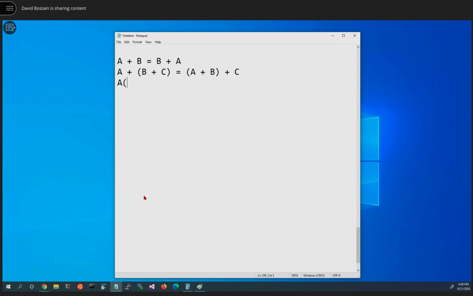If I have something which can be distributed across something, indeed it can be. I'm sorry, AC. So in Boolean algebra, just like in regular arithmetic, ANDs and ORs are commutative, associative, and distributive. And we just need to remember that, so that those laws are kind of second nature to us.